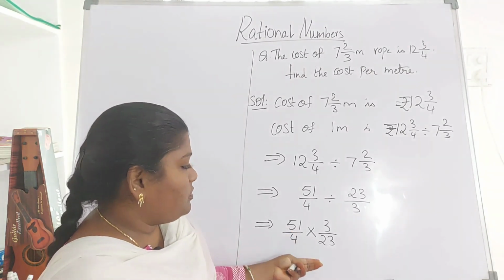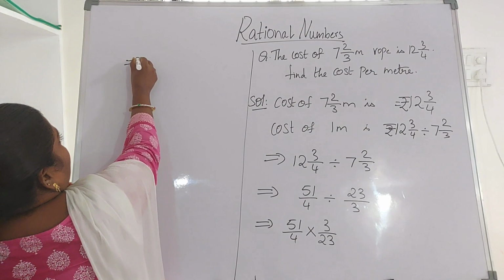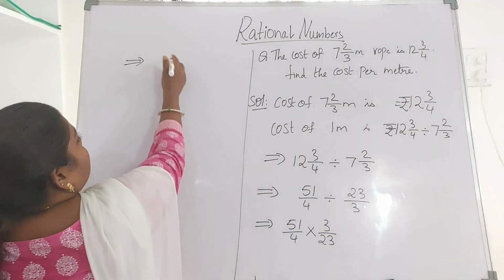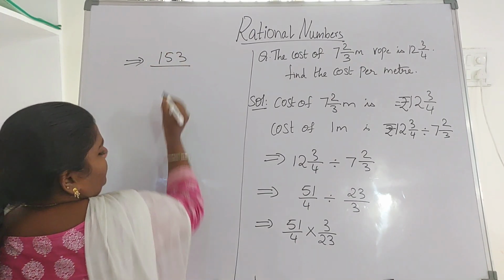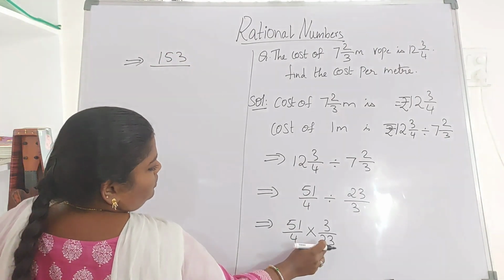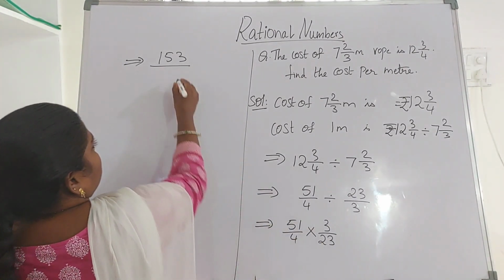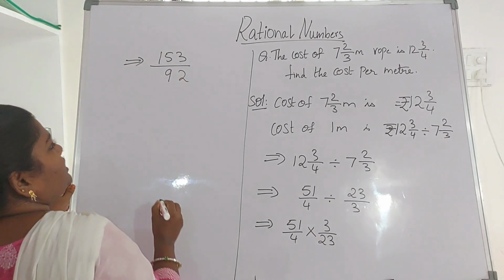Now there is no possibility of cancellation, so directly you can multiply. So 3 ones is 3, 3 fives is 15, so that is 153 by, now 4 into 23, so 4 threes is 12, 4 twos is 8, 8 plus 1 is 9, 92.